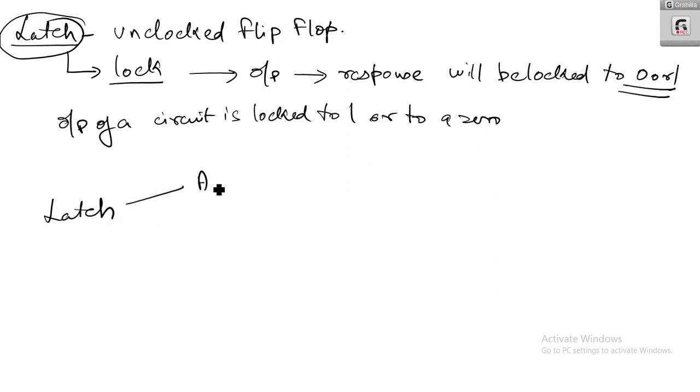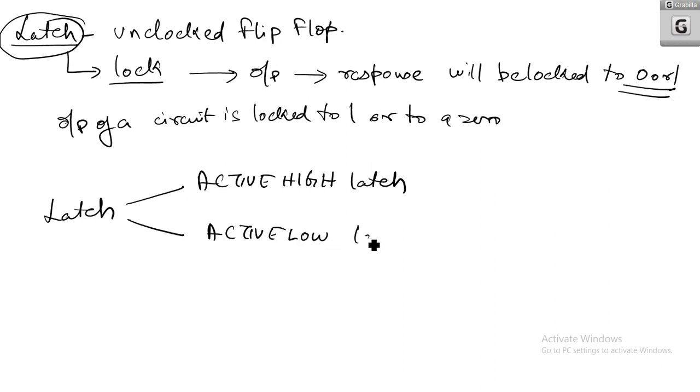First one is active high latch, and second one is active low latch. So here what we are going to do is we are going to put a lock.